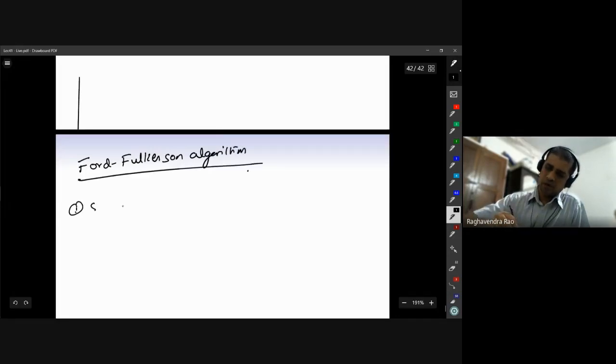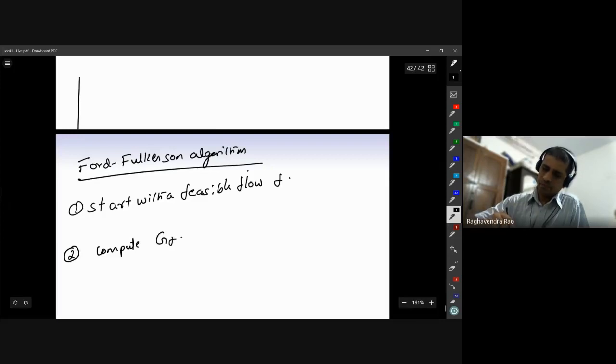One, start with a feasible flow. It could be that all flow assignments are 0. Two, compute GF.